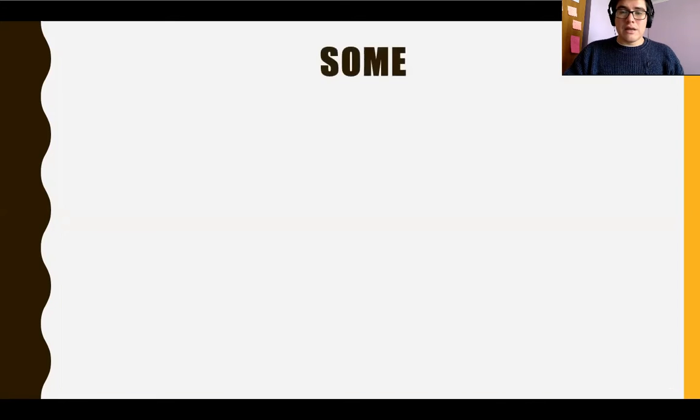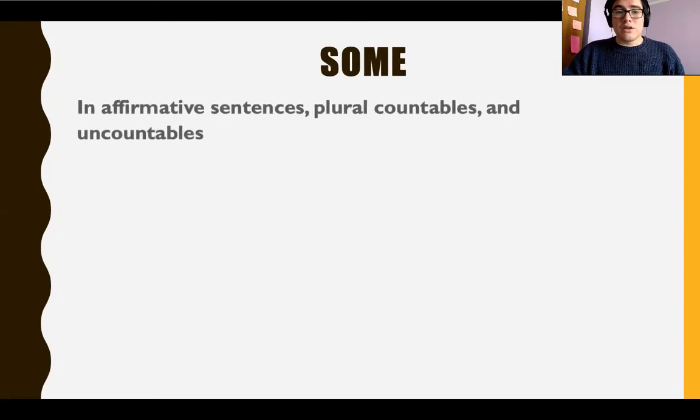Right. Now we're going to see a few words that are used with countables and uncountables depending on the case, and some is one of the words that sometimes can be a little bit tricky. Let's see. So some, the word some, can be used in affirmative sentences with plural countables and with uncountables.